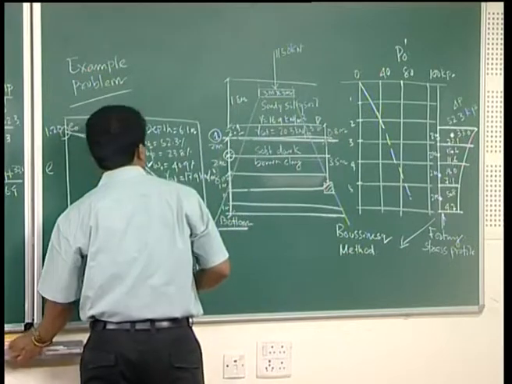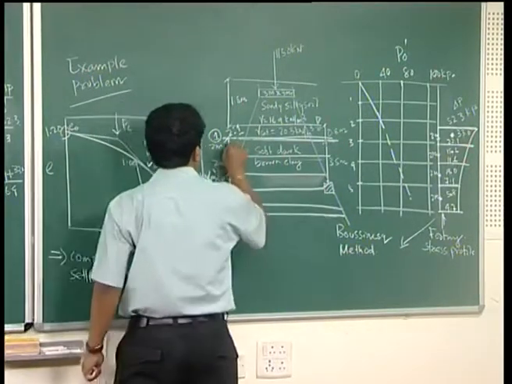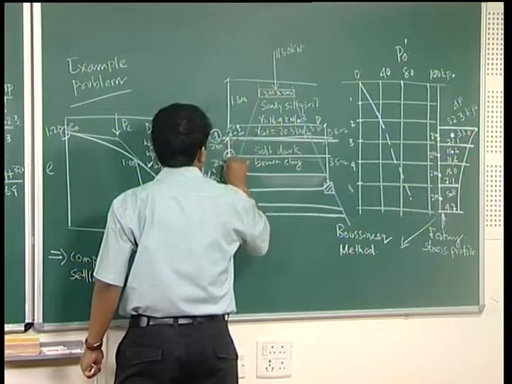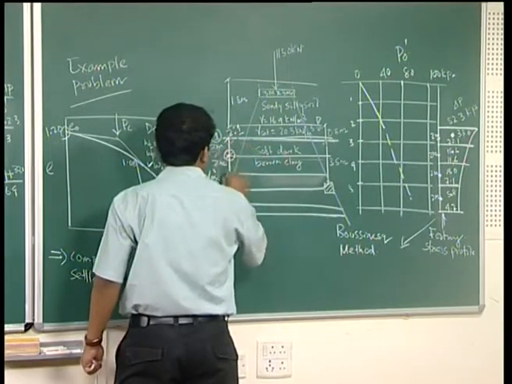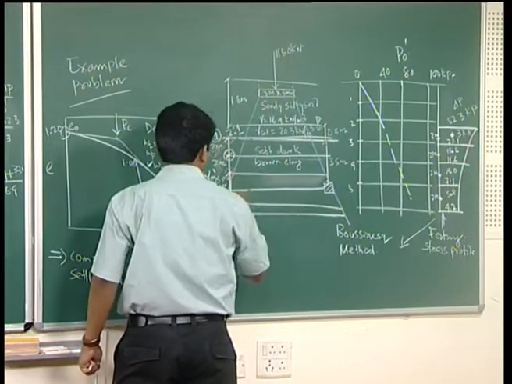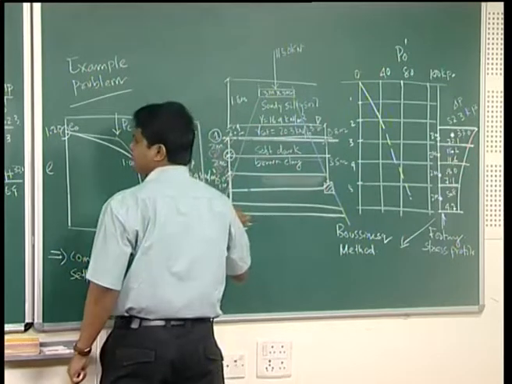Next point is your point 2. If I mark it here, this is my point 1, this is my point 2, this is point 3, it will continue, and this is your bottom.